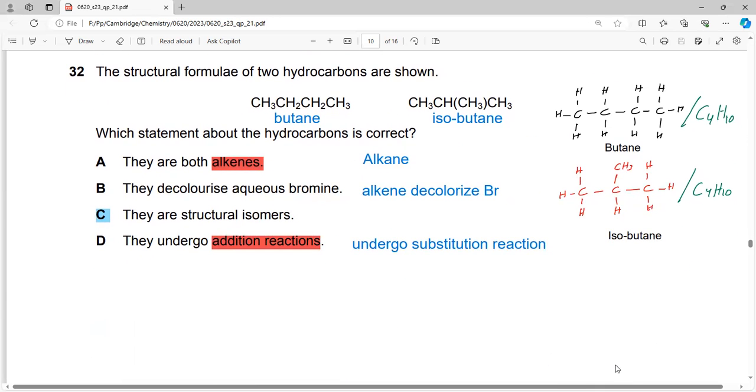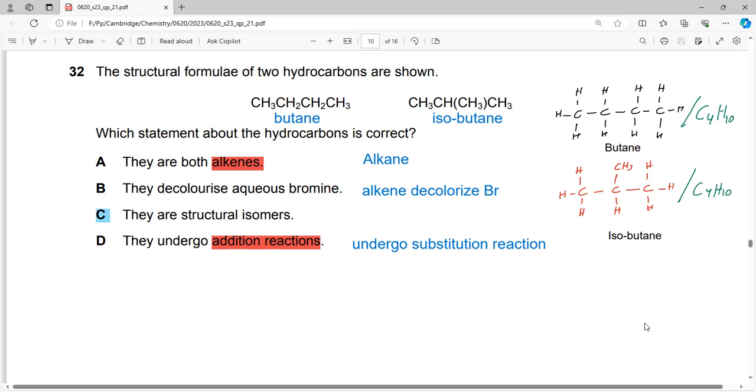Question number 32. The structural formulas of two hydrocarbons are shown there. We can see the first has 4 carbons, and they are connected to each other by single bonds. On the right side there is the structural formula, and in this structural formula there is a single bond. So this is butane, C4H10.